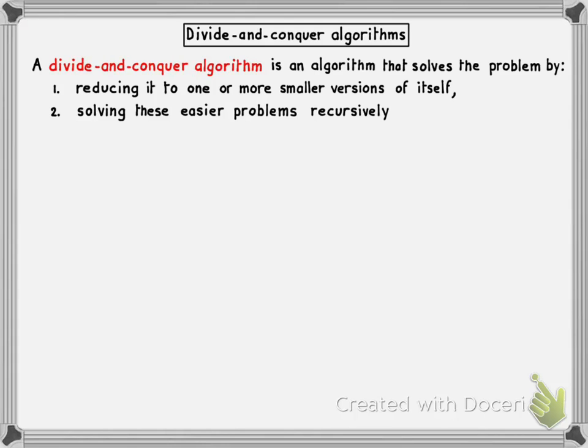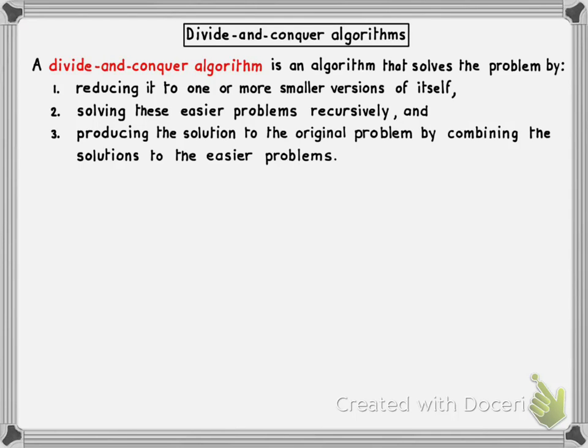Now, these problems are easier than the original problem because their input is smaller. They are just smaller problem instances of the same problem. Once you have solved these smaller problems, each of them has a solution. The last step is to combine these solutions to these easier problems into a single solution for the original problem, the one that you reduced to the smaller ones.